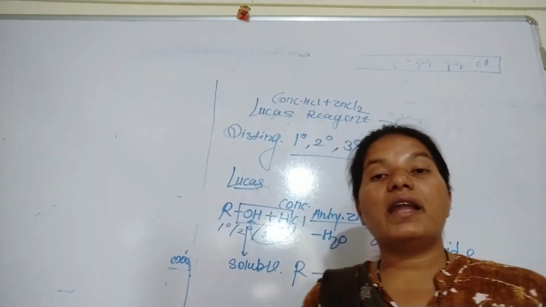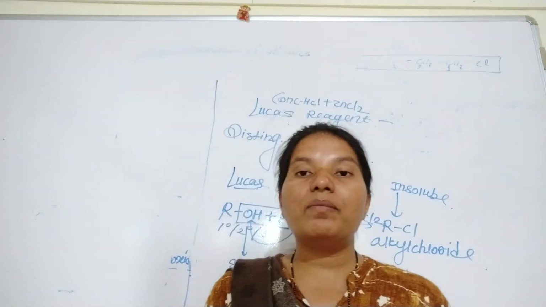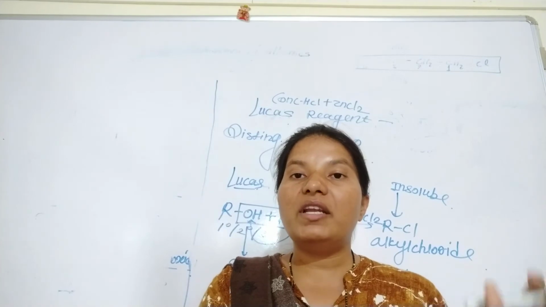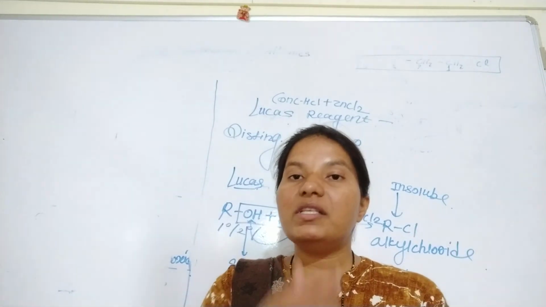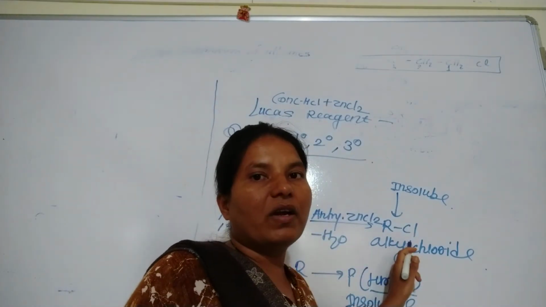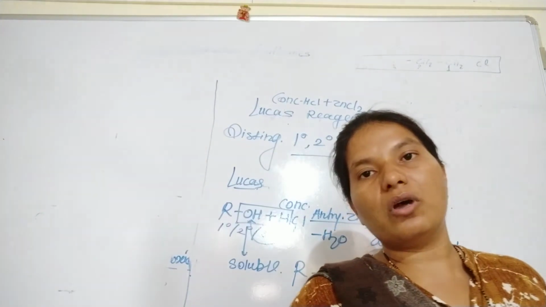That means the rate of turbidity formation in the case of tertiary alcohol is maximum. Turbidity goes on increasing, that means the reactant alcohol gets converted into alkyl chloride, and the rate of product formation goes on increasing.